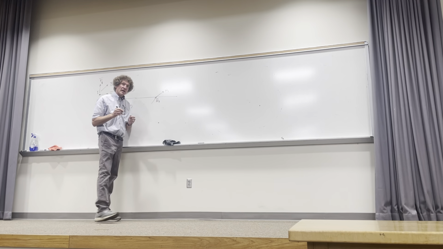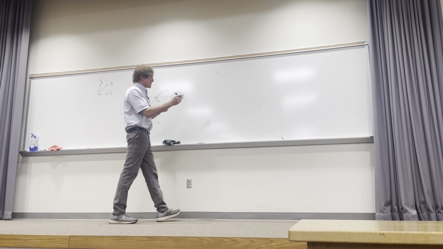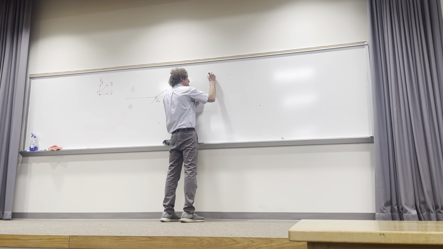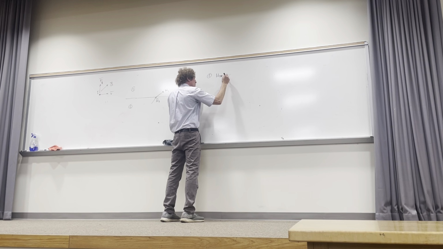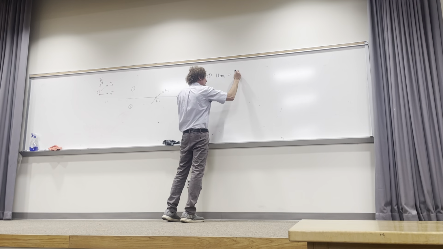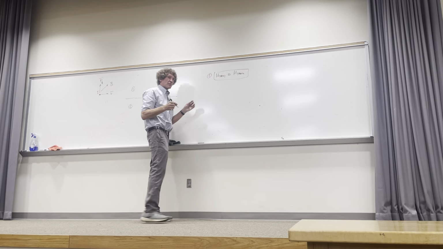And we want to know how H1 is related to H2. There's really two things that happen. The first is the tangent fields. H tan in region 1 is equal to H tan in region 2. That's true generally. I'll prove that.